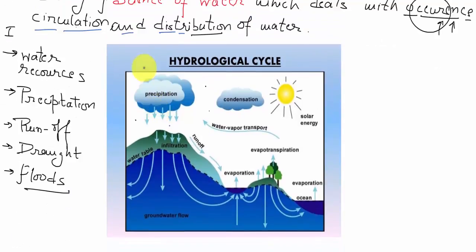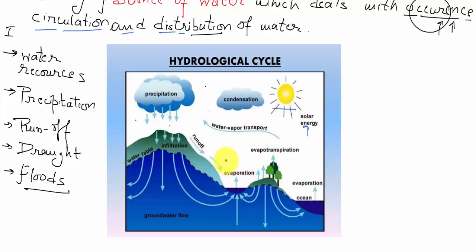Basically hydrology begins with the study of a basic cycle called the hydrological cycle. In the cycle, we have a prime source of energy which is our sun. It gives us solar energy, and it is through the energy of the sun that we drive this hydrological cycle. So the cycle begins like this.